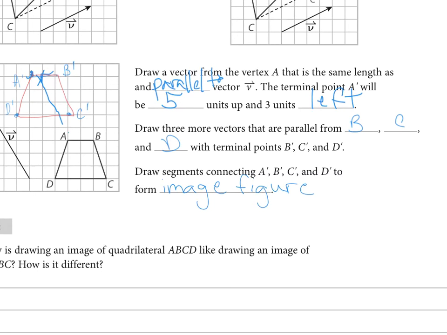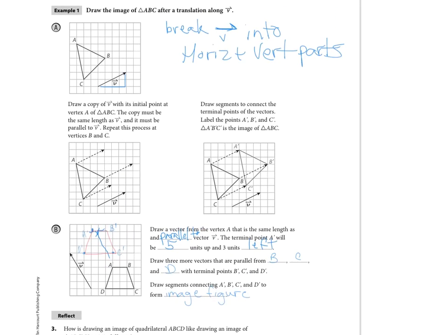Pretty straightforward there, okay? So again, make sure that those vectors are parallel by breaking them down into the horizontal and the vertical parts, basically the slope, the rise over run, if you want to think of it that way. And then you're going to do that for some more examples on the next page.